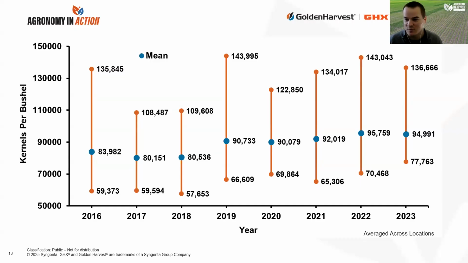In the last couple years, we were more in the 90,000 range on average. The orange bars are the range between the different hybrids and locations. In 2023, it goes from 136,000 kernels per bushel down to 77,000, so a very, very large range. It is not only environment dependent, but also hybrid dependent.